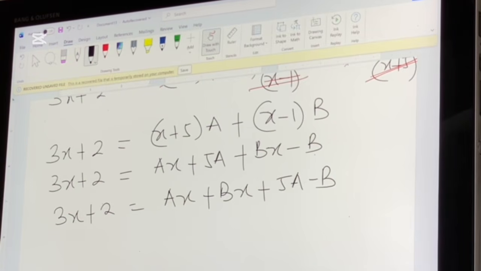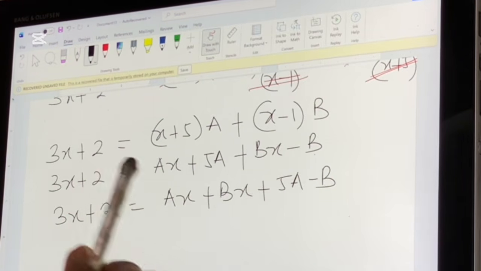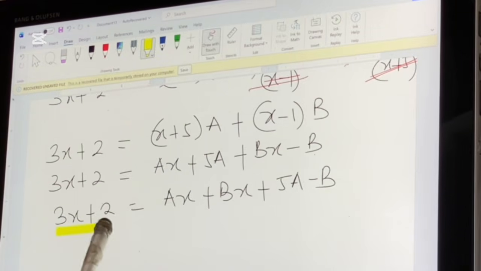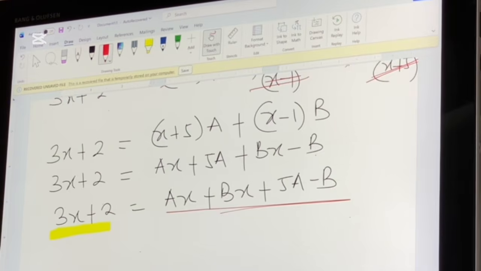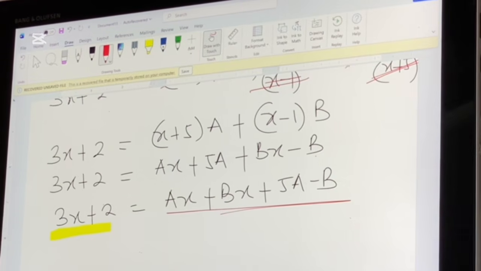In partial fraction, after taking like terms, we compare this part here and compare this part here. Please take note. So let's compare the right hand side and the left hand side.